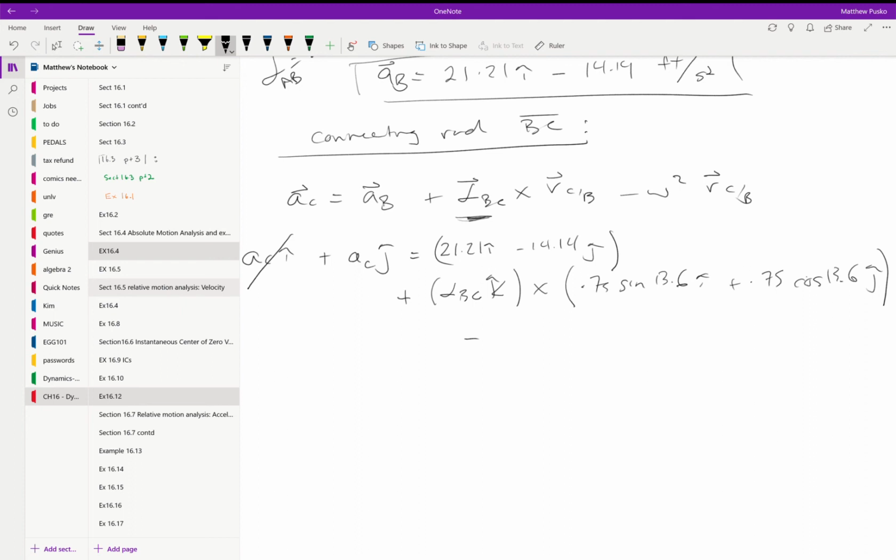We found out omega BC in the previous problem was 2.43. Don't forget to square it, and we want the same position vector, 0.75 sine of 13.6 in the I direction plus 0.75 cosine 13.6 in the J direction. Alright, that's all one big thing right here.